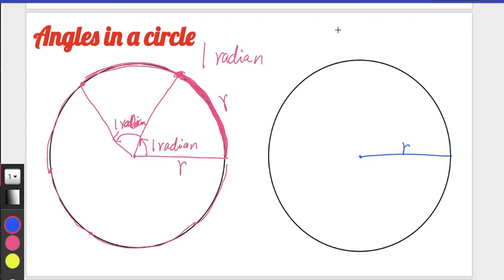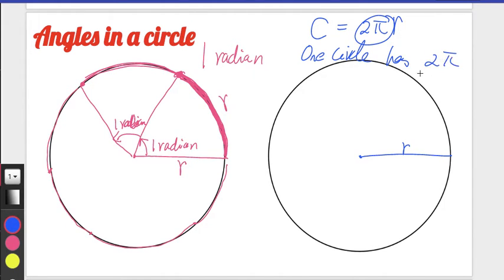And we know the circumference is 2 pi r. So what does that mean? That means the whole circle can be covered by 2 pi of r, which means one circle has 2 pi radian. Is that very interesting to make the connection here?